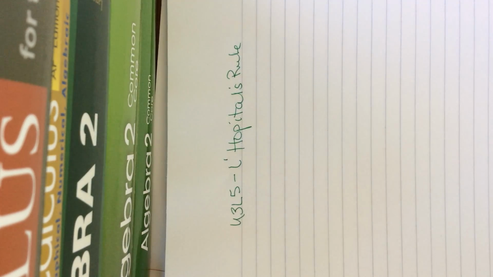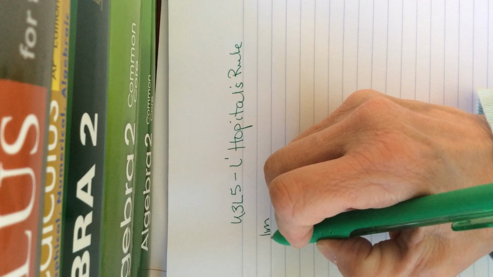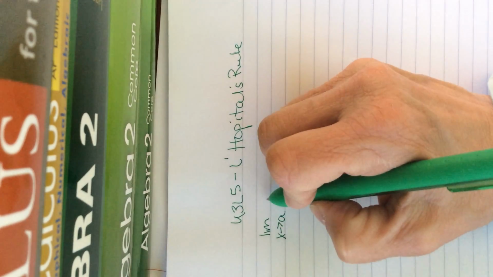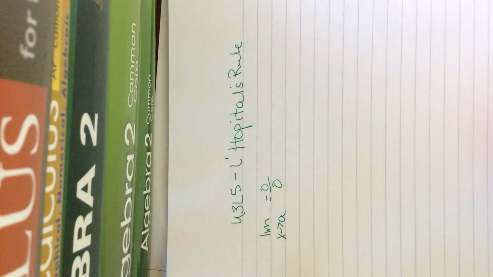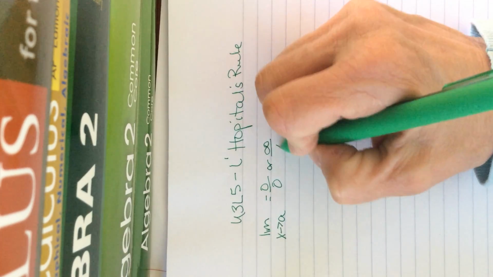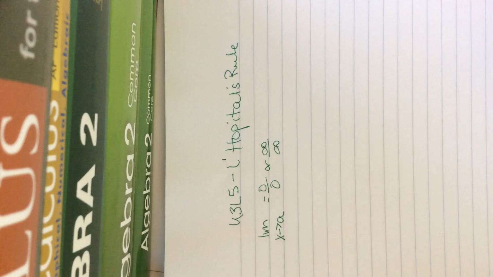This particular approach can be used when you evaluate a limit as x approaches some number and the limit turns out to be 0 over 0, or if it turns out to be infinity over infinity. So we like our shortcut rules and our rules for finding derivatives, and we're going to be able to use those when evaluating limits. So let's just go ahead and look at some examples.